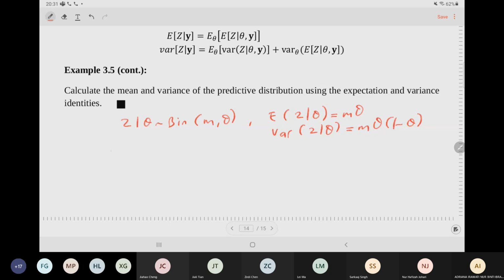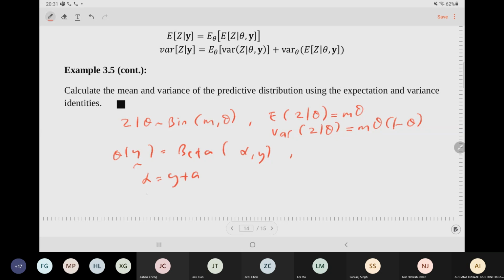Okay, and then you have theta given y is beta. Okay, so if it's long, you can always use a simplified notation because it's too long.